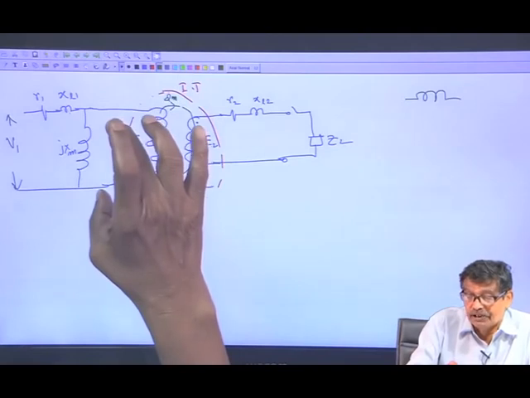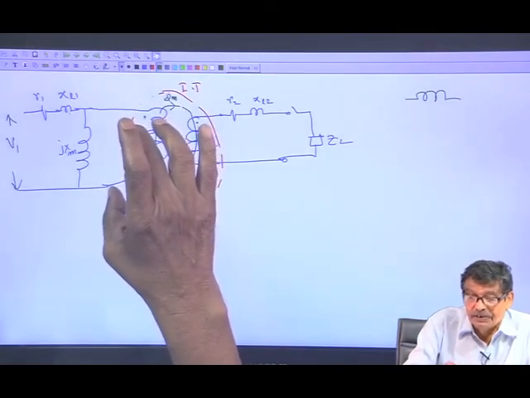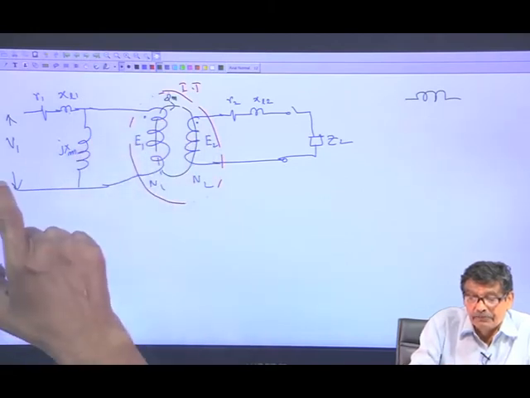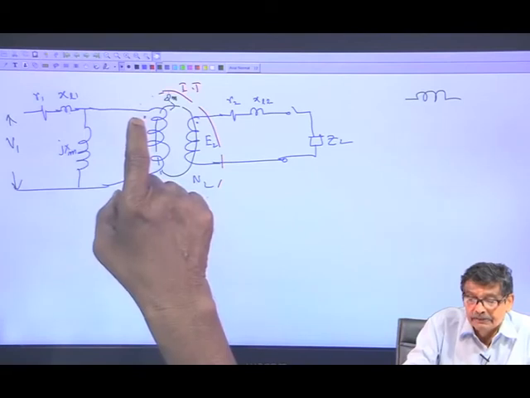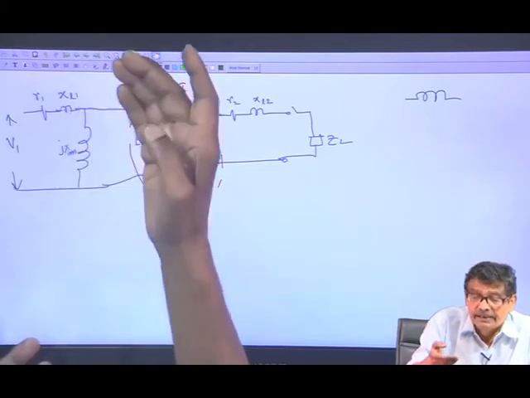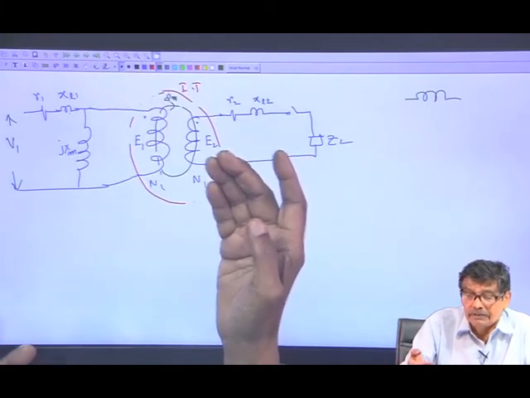It is this voltage E 1, which is nothing but the applied voltage minus this drop, that must appear here. If X L 1 is high, once again it is a very bad transformer.